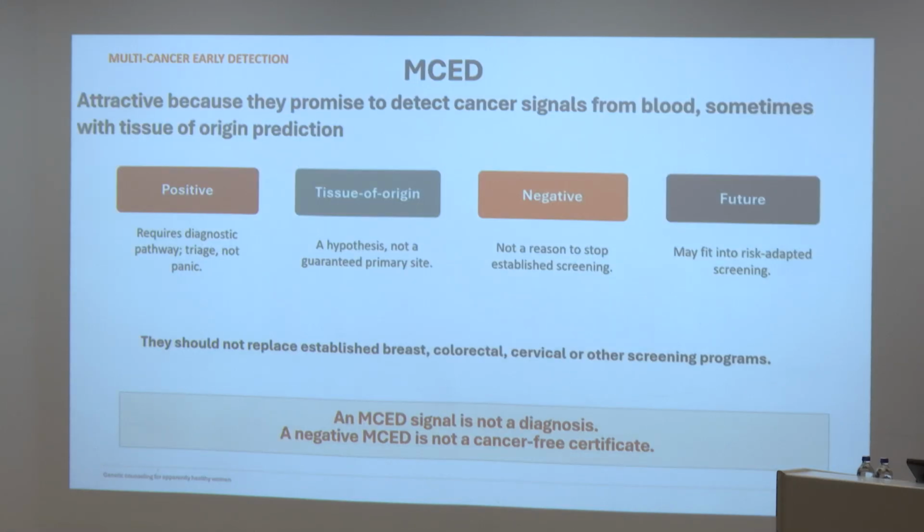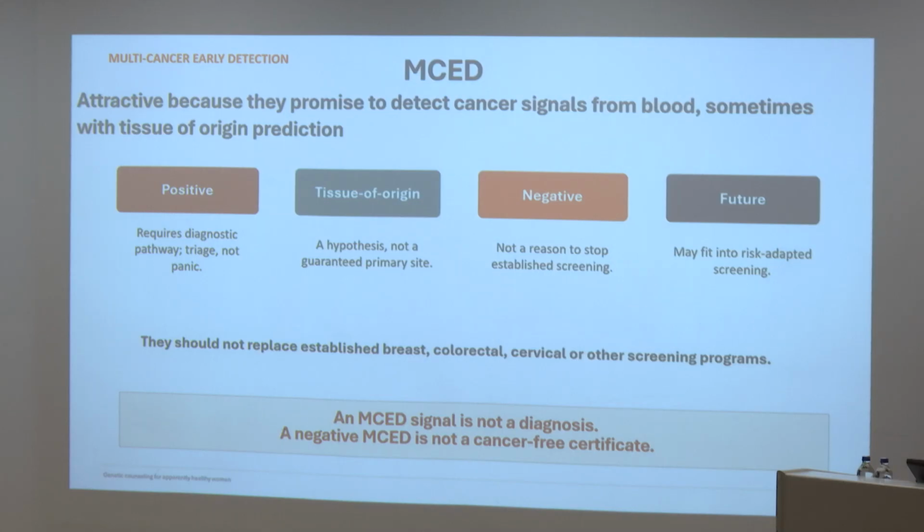Multi-cancer early detection is again a liquid biopsy technique. It gives signals. We first try to obtain ctDNA, and we use the methylation patterns of the ctDNA. And some tests also use fragmentomic methodology. So we try to detect cancer signals from blood.